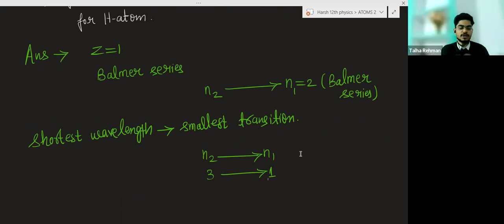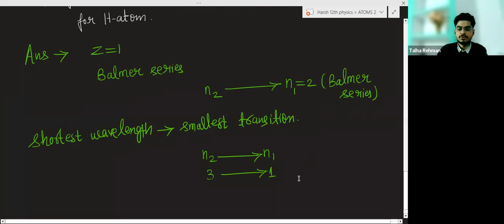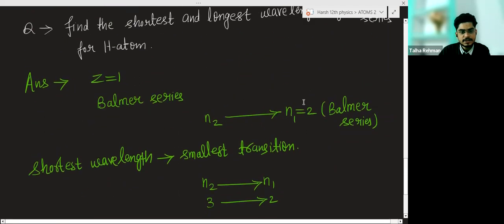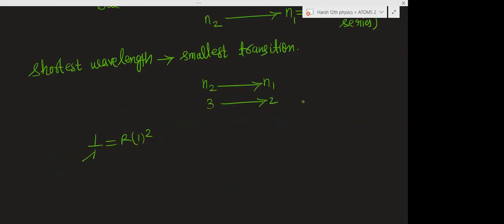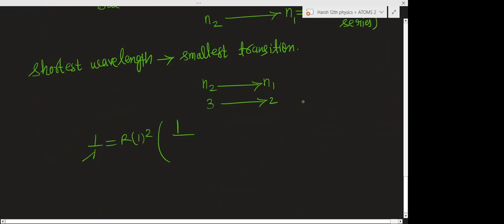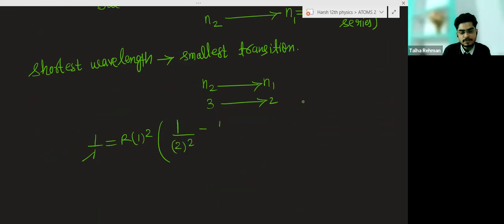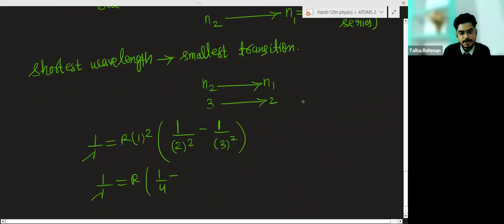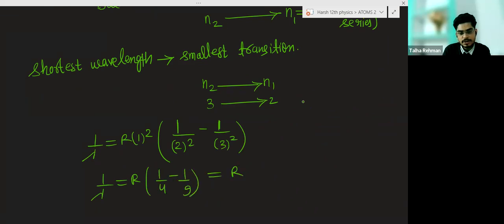Now apply the formula. This is 3 to 2, not 1, because this is the Balmer series. We have the formula 1 upon lambda is equal to R into Z square, with Z equal to 1, times 1 upon n1 square, which is 2 square, minus 1 upon n2 square, which is 3 square. So 1 upon lambda is equal to R into 1 by 4 minus 1 by 9, which becomes R into 5 by 36.